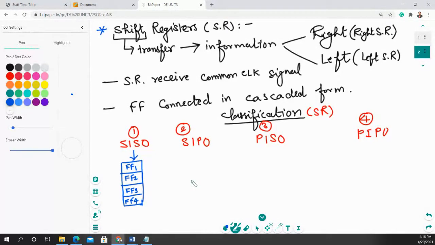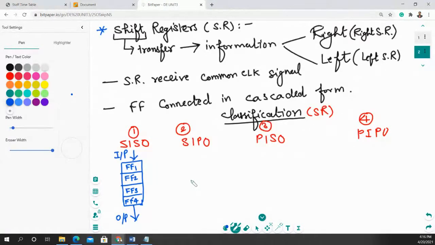So all flip-flops are connected in serial and they will give you the serial output. Right here, serial in, serial out. All the inputs are provided to these flip-flops in a serial manner and they are cascaded with each other to get the output in a serial manner.